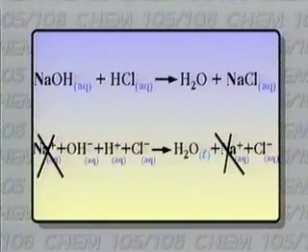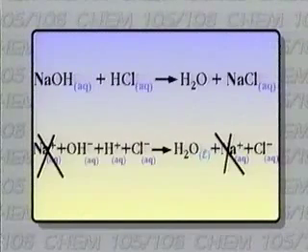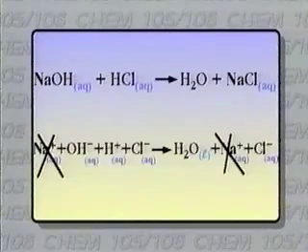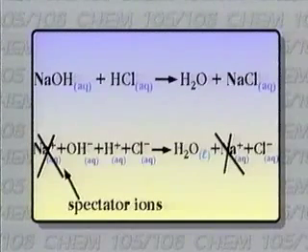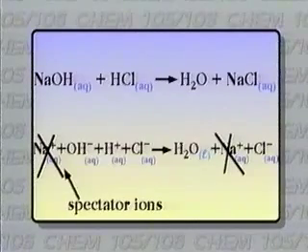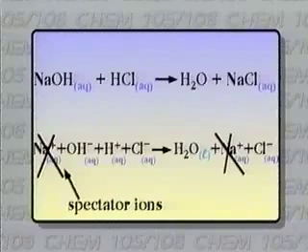All right? As a matter of fact, the term that we sometimes use when we write equations where we take out ions that aren't involved, we refer to these as spectator ions. Okay? Sodium ion is a spectator ion. It saw a reaction occur, but it's not involved.